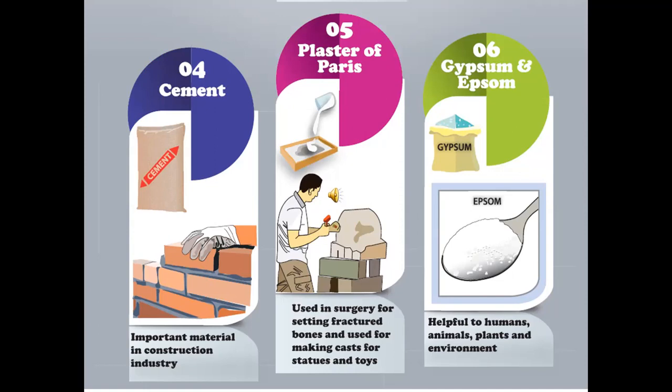Helpful to humans, animals, plants, and the environment. Gypsum and Epsom salt are used in fertilizers, in the process of making cement, and in making plaster of Paris. Epsom salt relieves stress and relaxes the body. It helps muscles and nerves function properly, and is used as medicine for skin problems and for improving plant growth in agriculture.